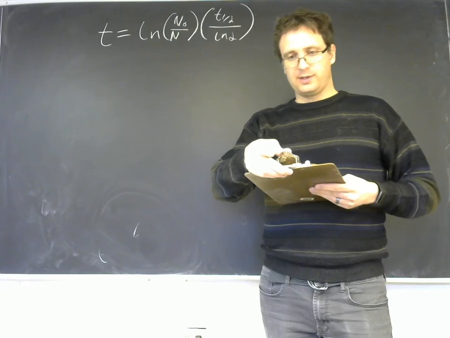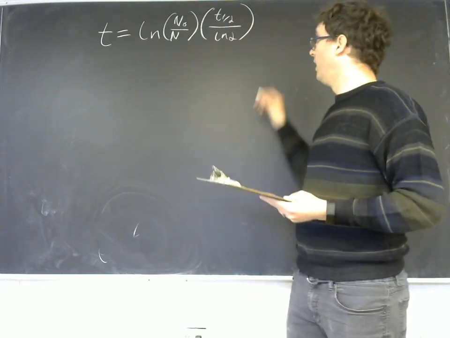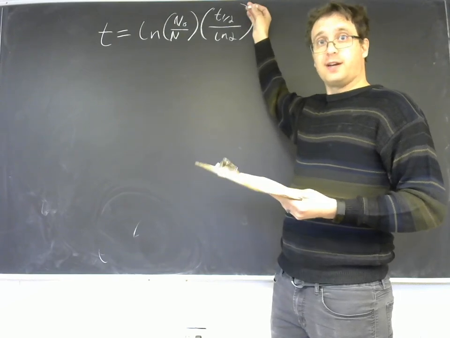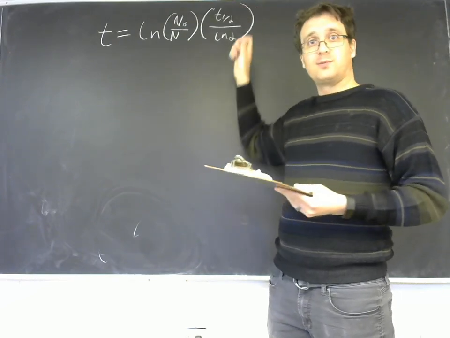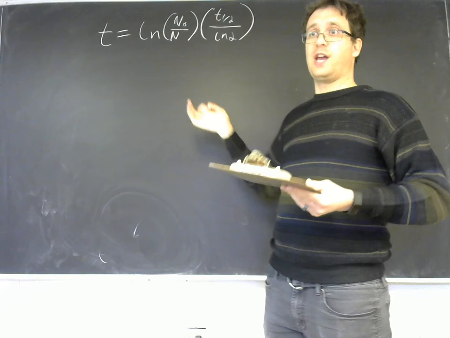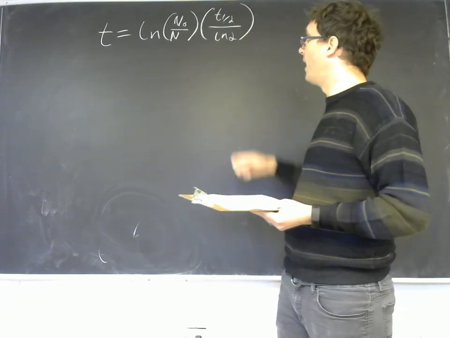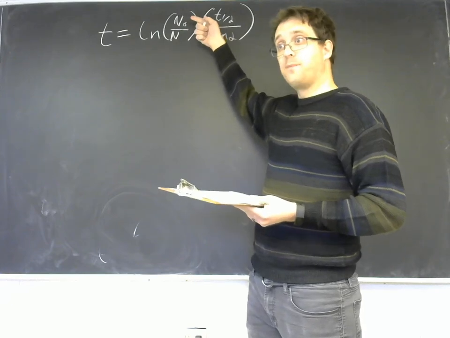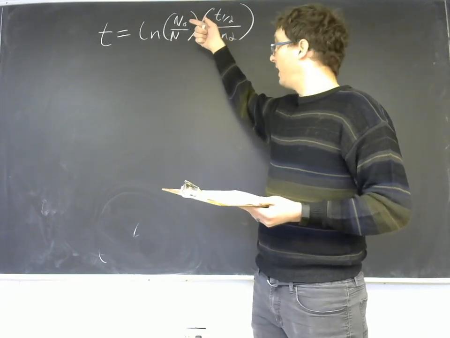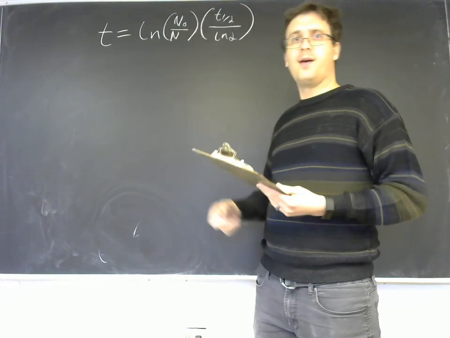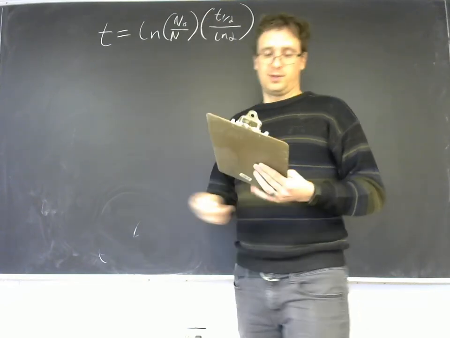The way we do this is by observing the half-life of a radioactive isotope. The half-life is well characterized and it doesn't change, and it applies to all samples of that isotope. And then in a sample that you wish to date, you just need to find this ratio, N naught over N, and that's able to give you the time.